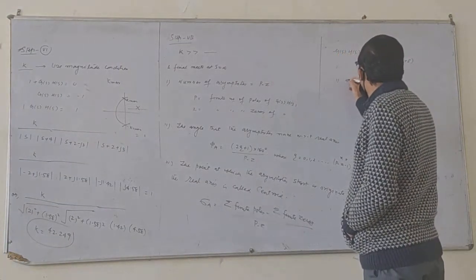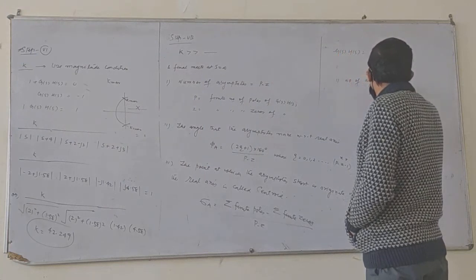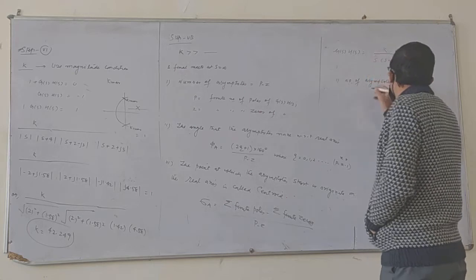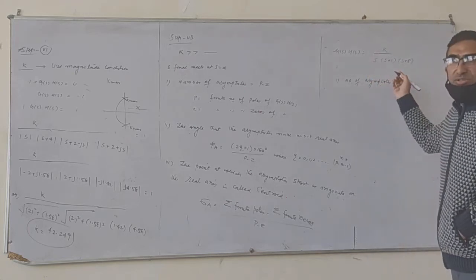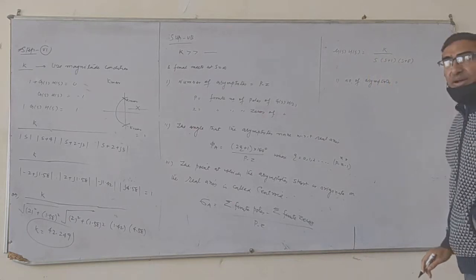Number of asymptotes: how many will there be? That will be 3, because there are 3 poles, located at the origin, at minus 1, and at minus 8.